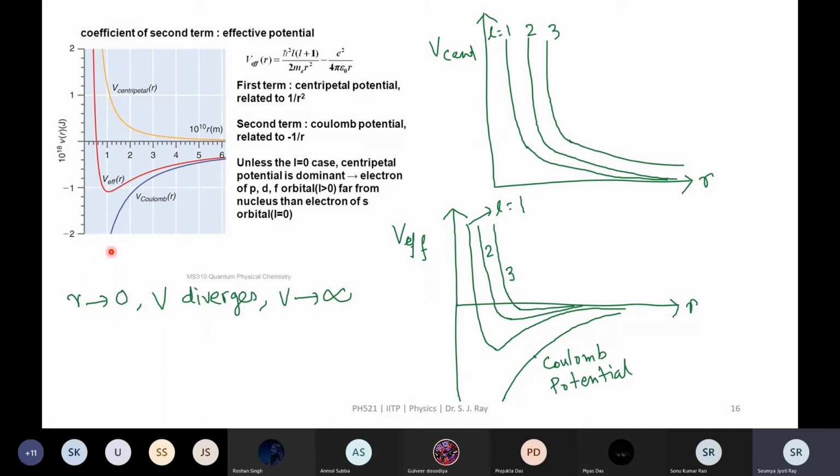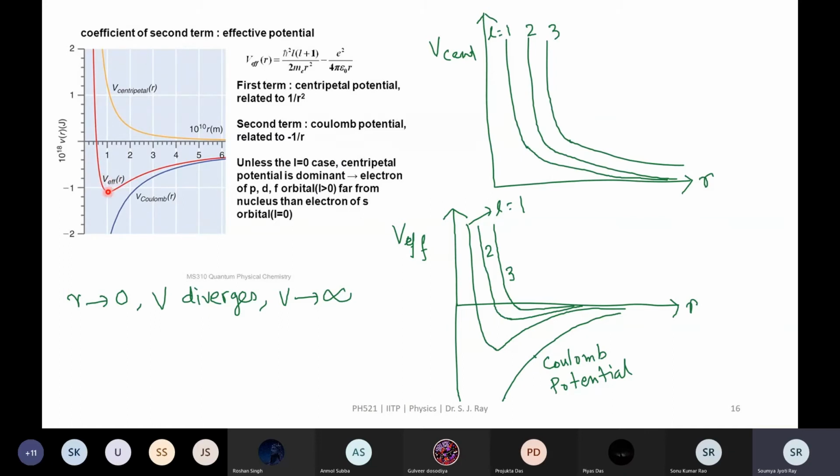However, if we add these two terms, which means the combined contribution of the centripetal force and the Coulombic potential, we get a dependence that looks like this red colored graph. It also diverges close to 0, but it has one additional property: it has a minimum.